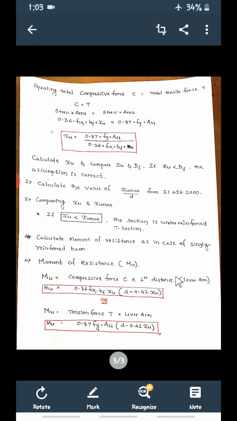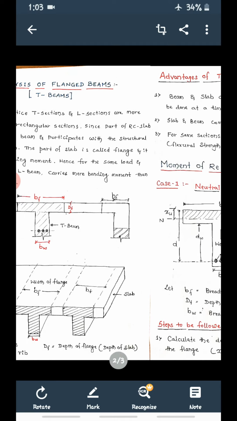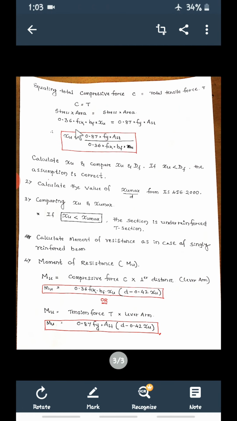Then MU is equal to, first, compressive force C into lever arm. What is compressive force C? C you have already calculated here: C is 0.36 FCK into BF into XU.